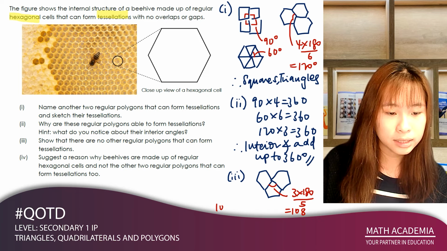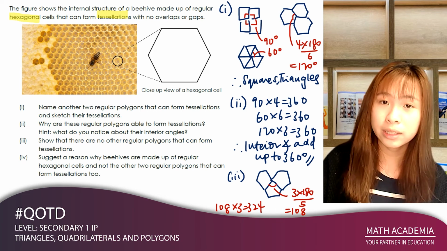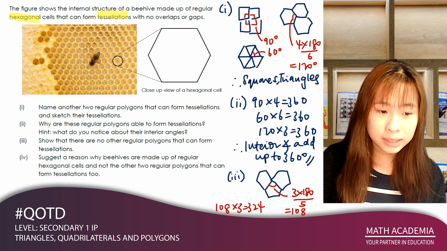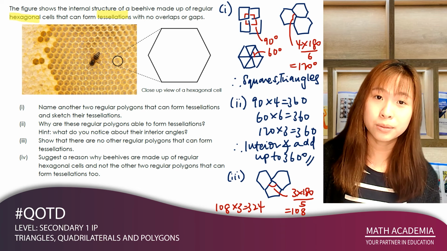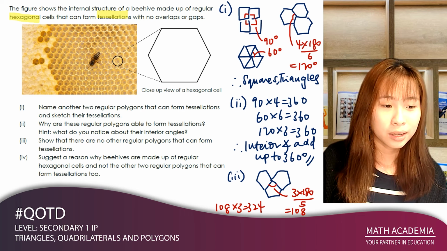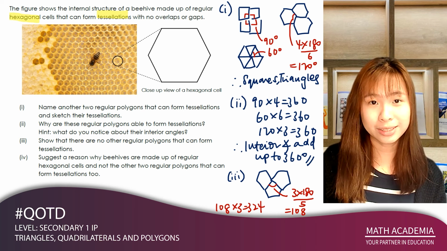The sum of the interior angles do not add up to 360 degrees. So a pentagon, whose interior angles do not add up to 360 degrees, is the reason why they are not able to form tessellations.